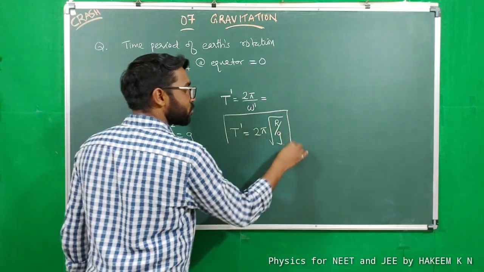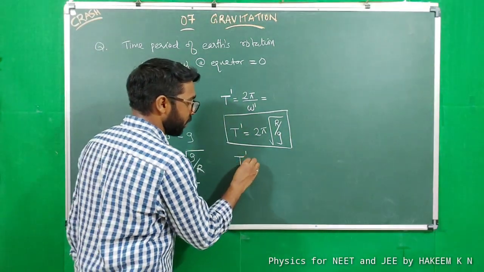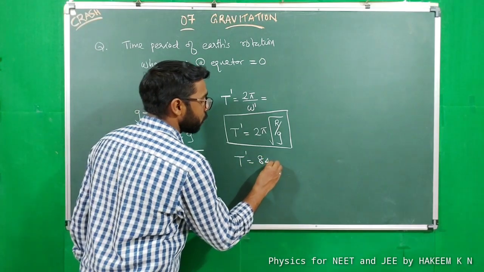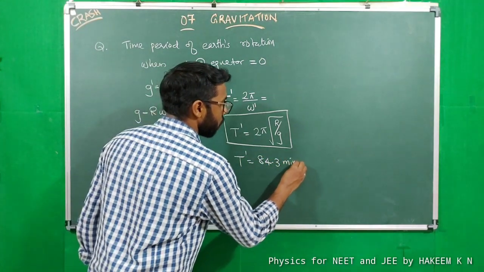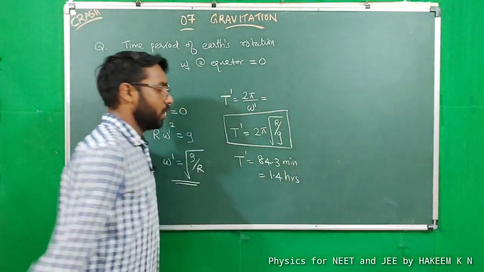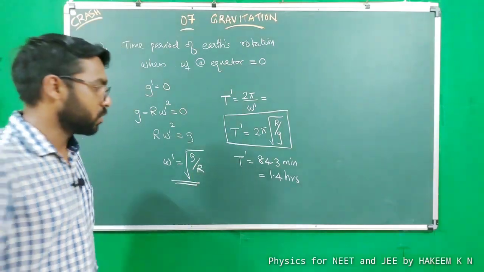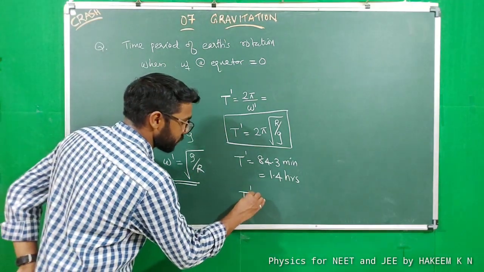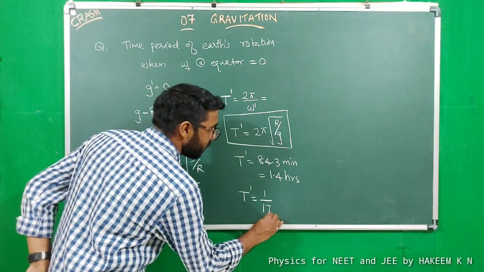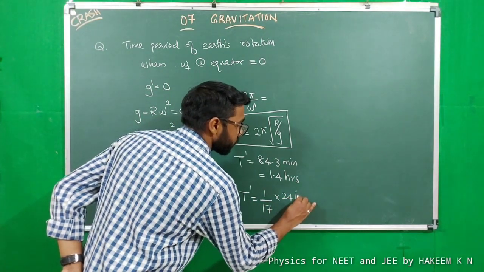We know the values of r and g, and by substituting those values we get T dash equal to 84.3 minutes, or 1.4 hours. This time period is 1 by 17 times of 24 hours.